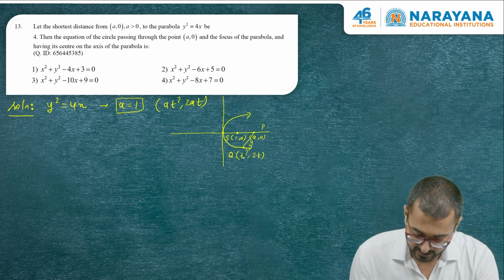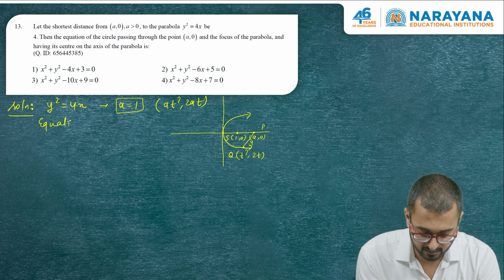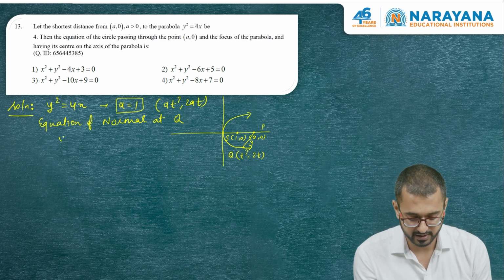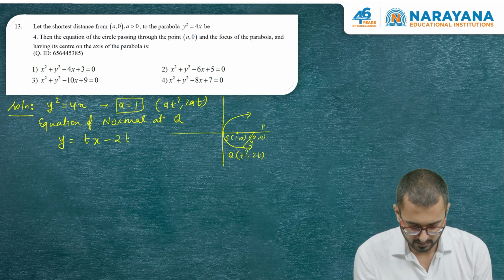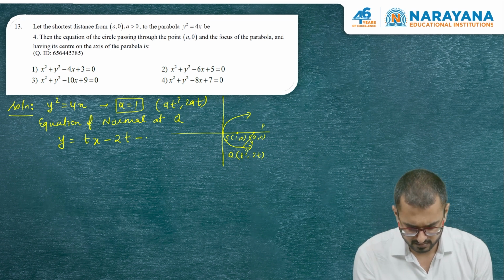And we will write down the equation of normal at this point. So equation of normal at Q will be written as y is equal to tx minus t cube.